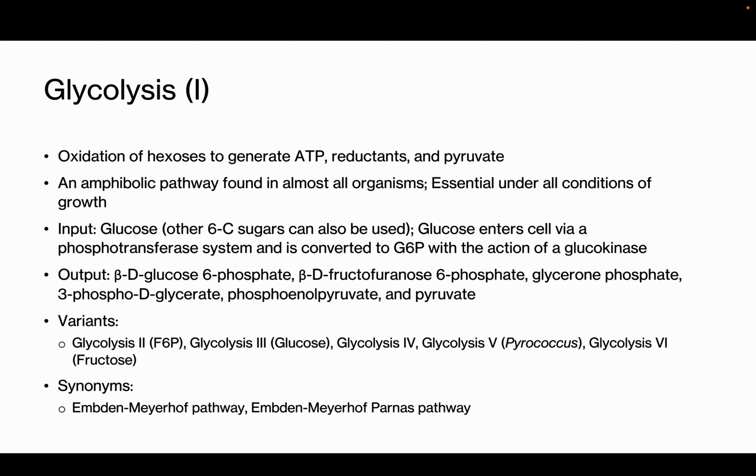The output is a phosphorylated hexose, beta D glucose 6 phosphate. Can also be a beta D fructofuranose 6 phosphate.